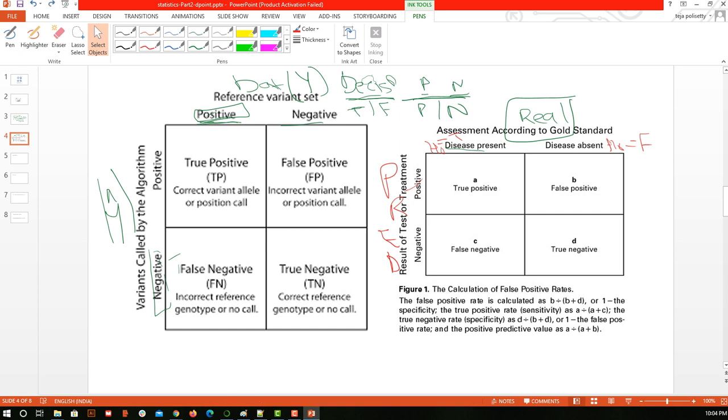Let me write this properly. Now this complete row, we are saying that we accept H naught, and here we are saying we are rejecting H naught.